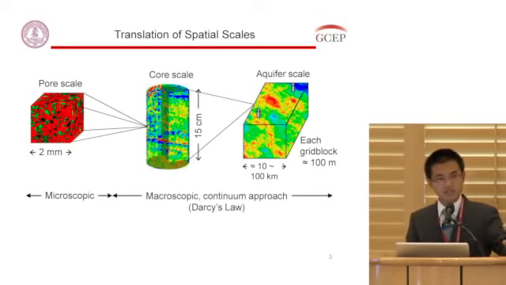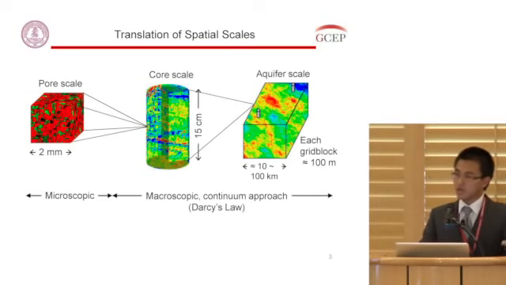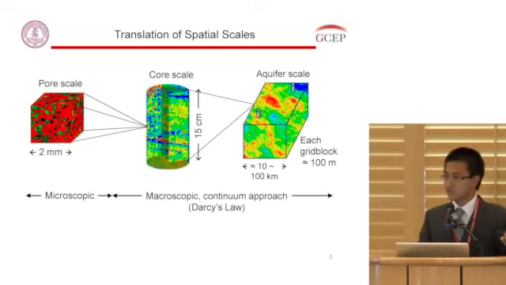But the challenge is that we cannot perform high-resolution, accurate, and affordable measurements on such a large scale. So in order to accurately simulate a large-scale aquifer, we need to do rigorous study on a smaller scale which we can measure, namely core scale, and then translate this important physics into a larger scale.